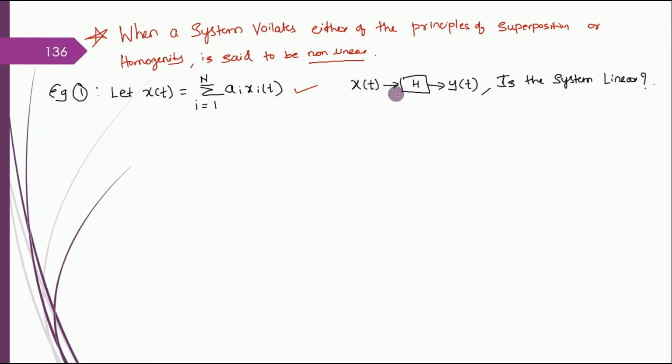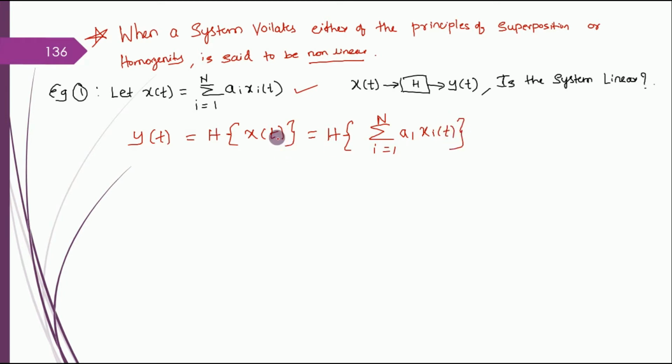Okay. So now, for a simple system, we have to check whether the system is linear or not. So how to do it? Just check. y of t is equal to what? H of x of t. And what is x of t here? It is given as h of summation i equal to 1 till n of ai xi of t.